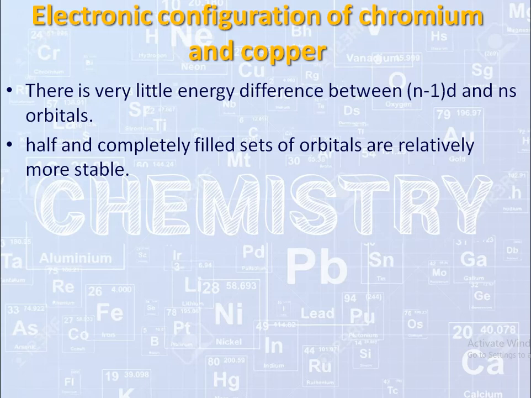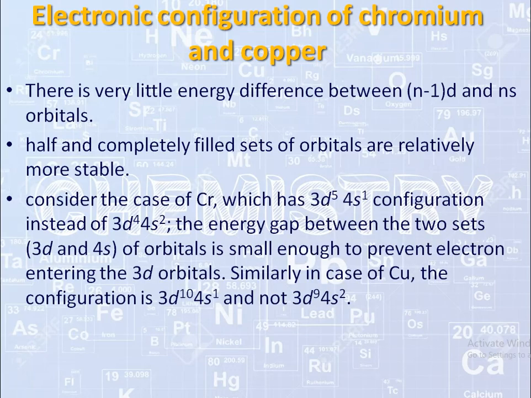If we consider the 3d series, we see a difference between the expected and observed electronic configuration. In the case of chromium, it has a 3d5 4s1 configuration instead of 3d4 4s2.